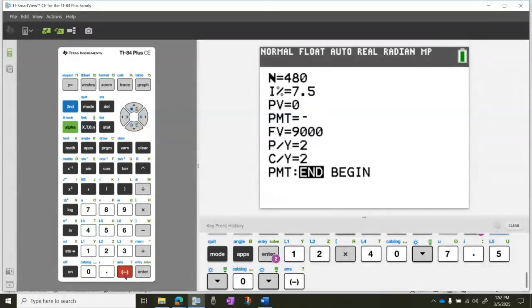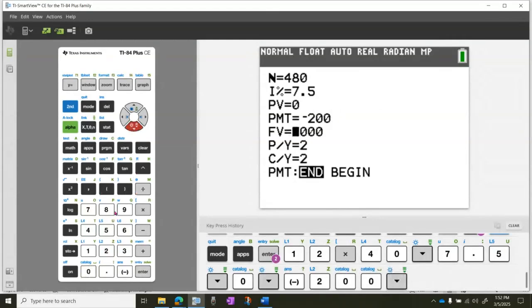Again, this is negative. Do you see my arrowhead? The large pink one. This is negative, this is minus. You do not use minus to represent negative, otherwise the calculator shows error. So negative $200. Every month you contribute $200, and $200 is leaving your pocket.